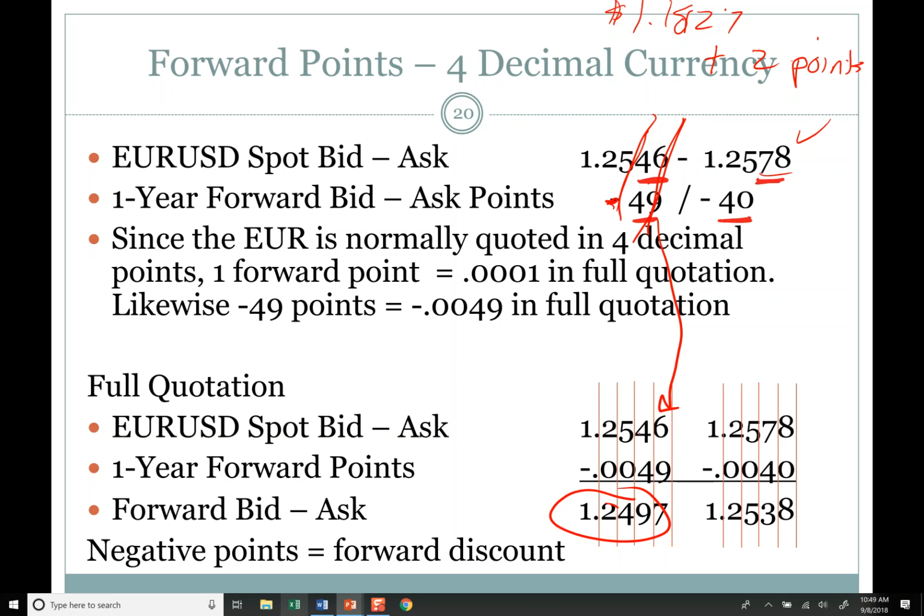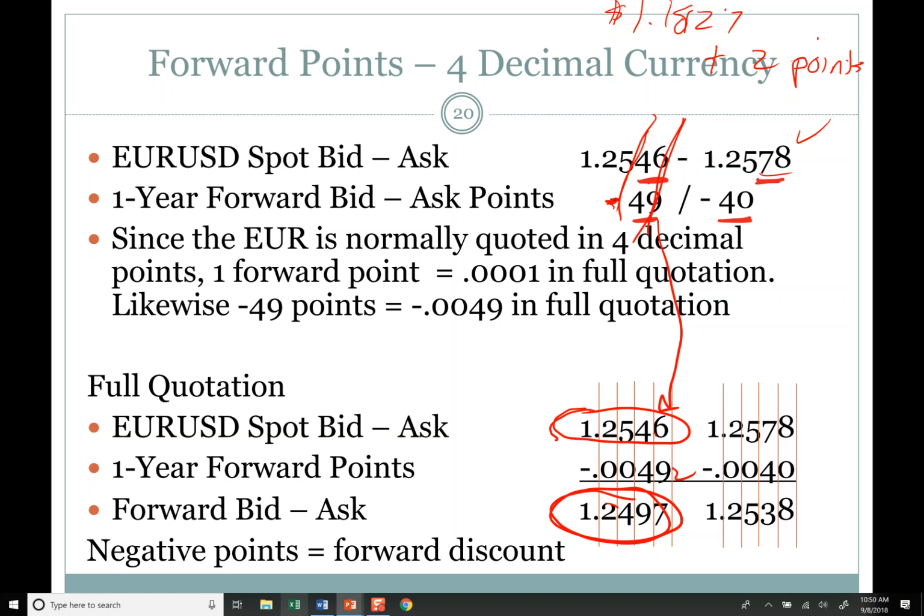So what they're telling me is it's 49 points less for a 1-year delivery. So today the transaction would be 125.46. That's actually if I'm selling the currencies, I'll get 125.46. If I commit to selling them next year, I'll get 124.97. 49 points less.